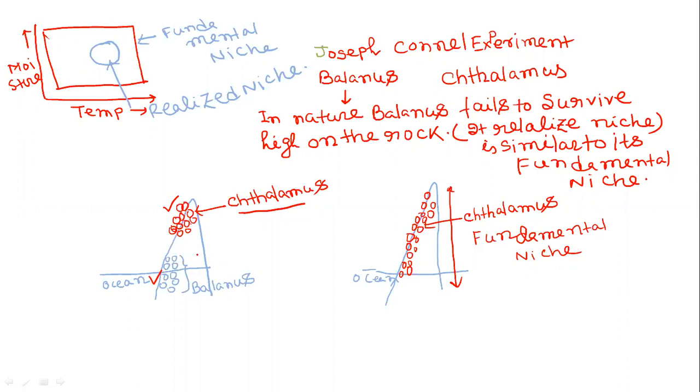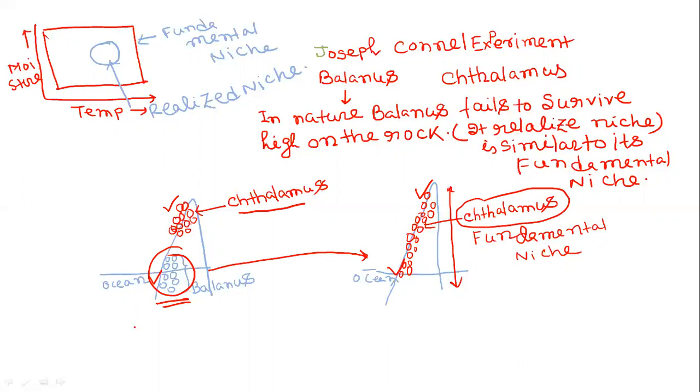But if you remove Balanus, you can see that Chthamalus takes up all the parts, both upper and lower strata. So that's actually the fundamental niche for Chthamalus, the whole rock, and in case of Balanus only the lower stratum. Its fundamental and realized niche are both in the lower stratum.